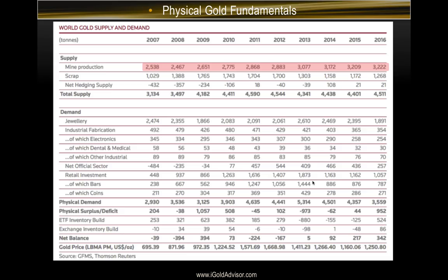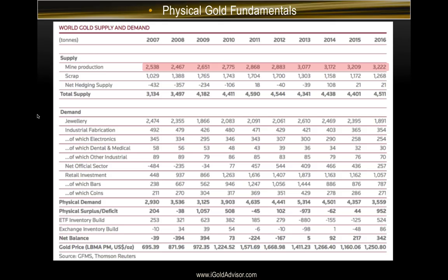So for example, we are looking at the world gold supply and demand statistics out of the Thomson Reuters survey, which is essentially considered the gold standard for fundamental supply and demand in the physical market.